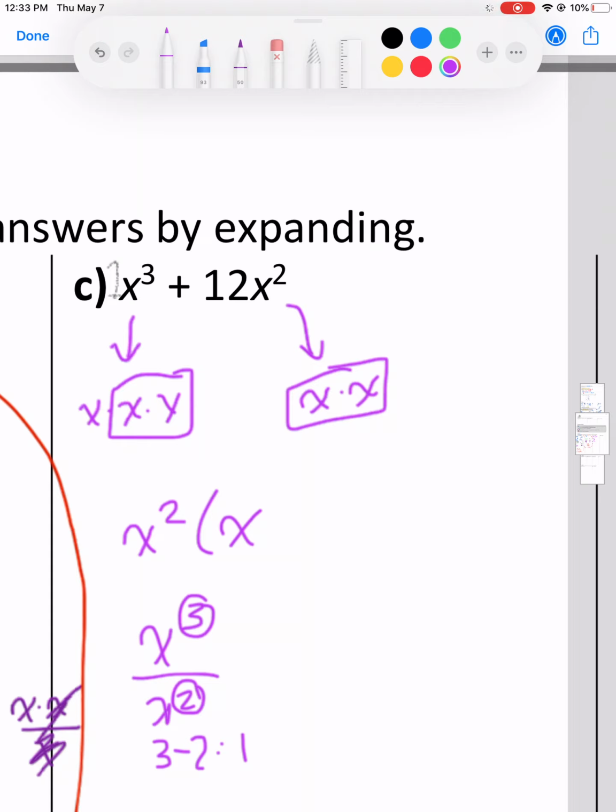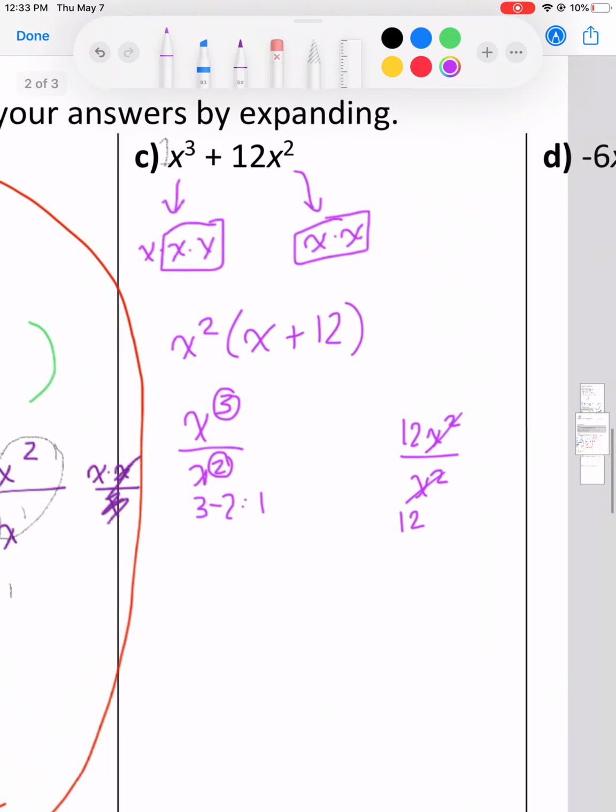Now we have to do 12x squared divided by x squared. 12 divided by 1 is 12. x squared divided by x squared, they just cancel each other out. So it's x plus 12.